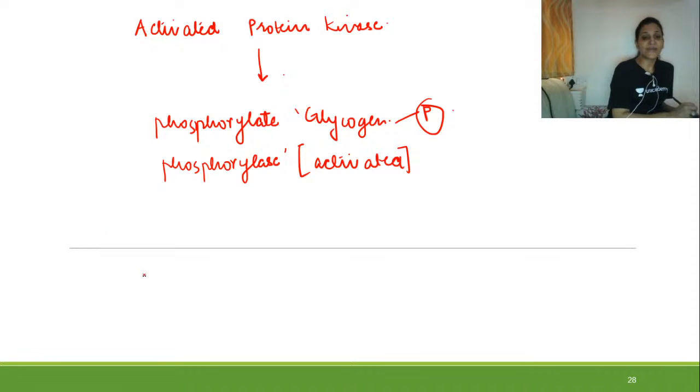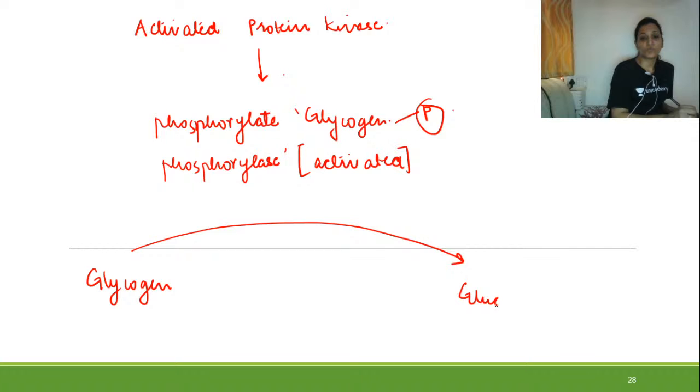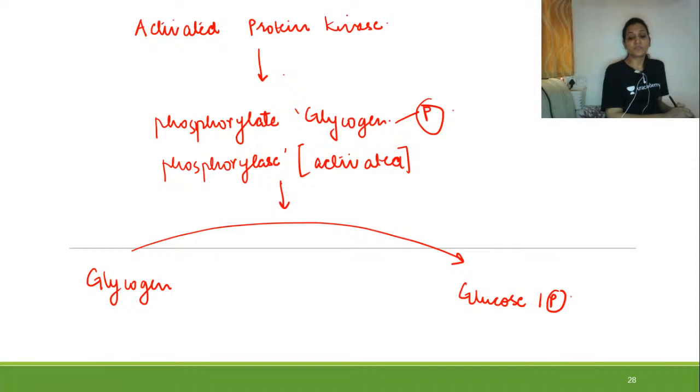So if it is activated, what is it going to do? It is going to convert glycogen to glucose and phosphate, the function of glycogen phosphorylase. And this glucose is converted into glycogen with the help of glycogen synthase, right?